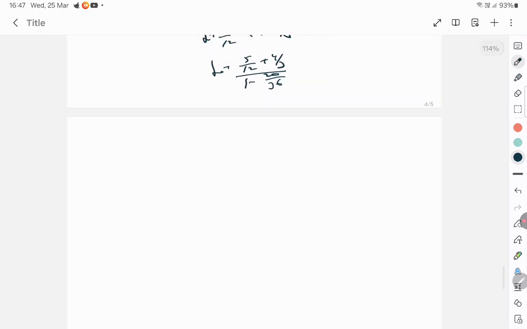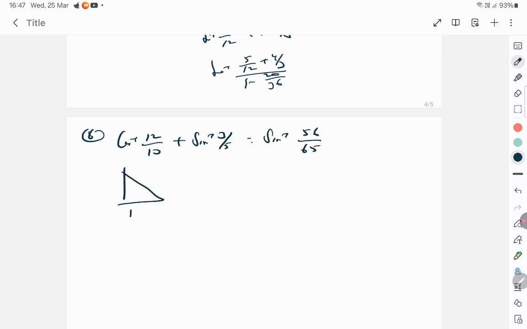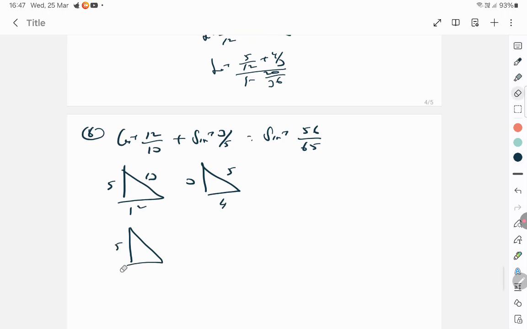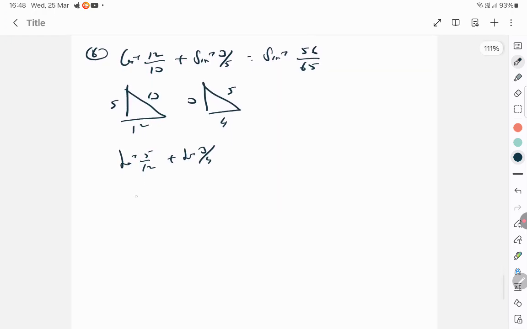So let's go to the next question, the 6th question, which is cos inverse of 12 by 13 plus sin inverse of 3 by 5 is sin inverse of 56 by 65. Draw a triangle 12, 13, so obviously this is 5. Draw a triangle 3, 5, obviously this is 4. Convert them, so this is tan inverse of 5 by 12 plus tan inverse of 3 by 4, which is tan inverse of x plus tan inverse of y, which is tan inverse of (x plus y) by (1 minus xy).